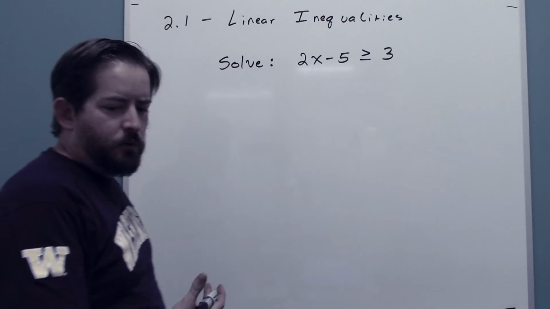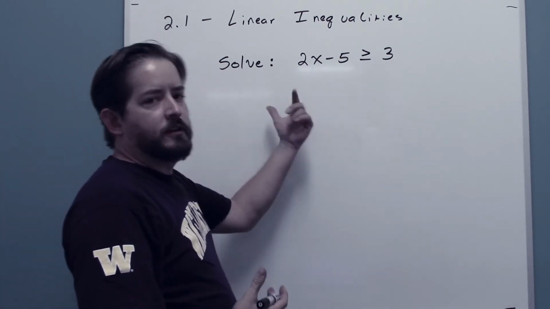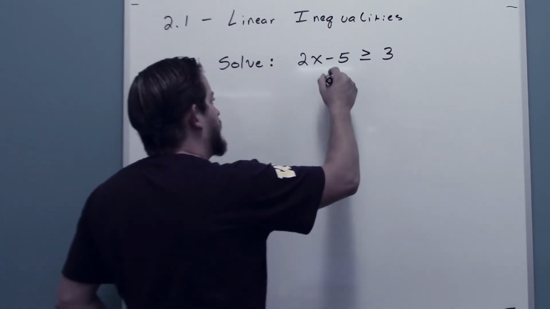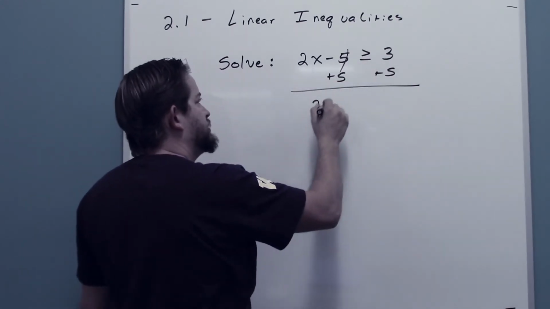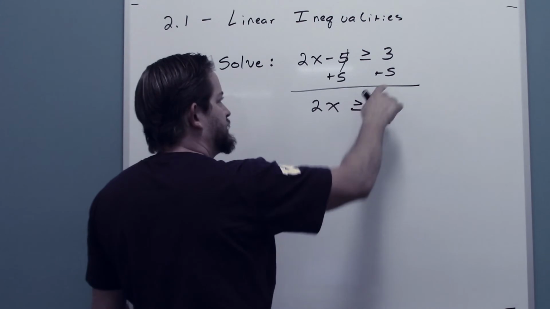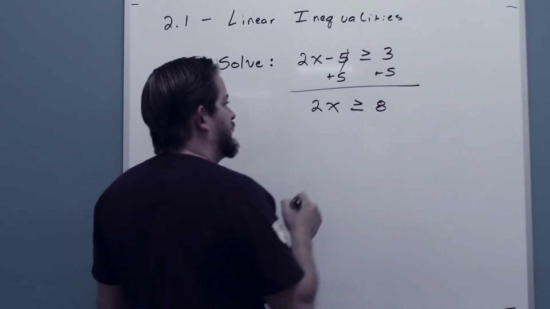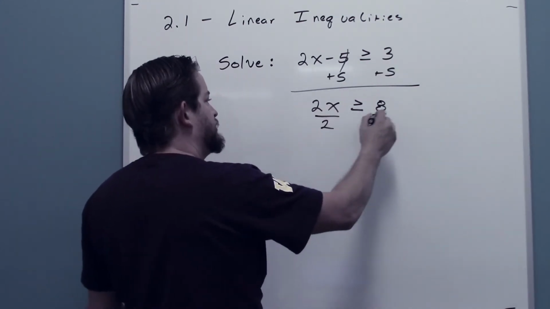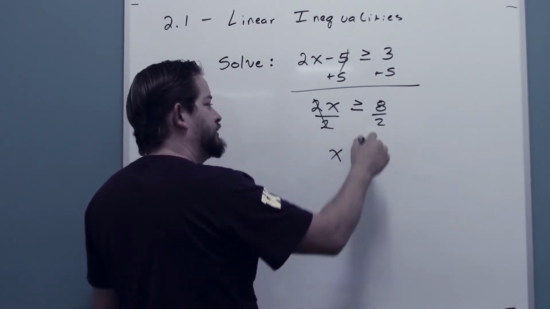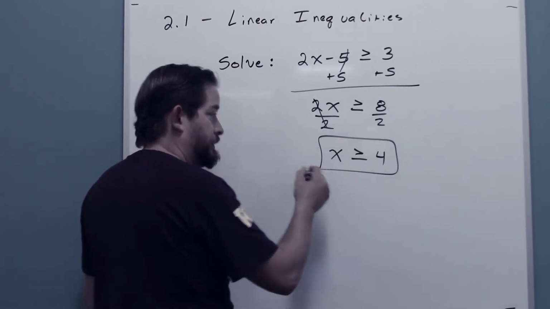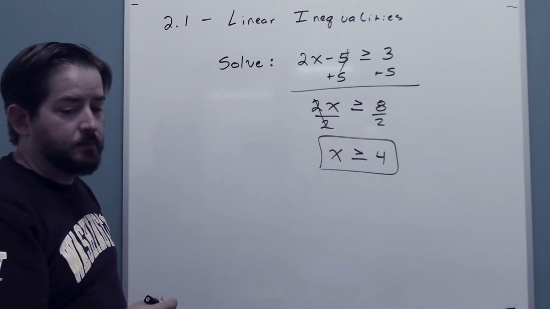So again, it's an inequality, so I can add and subtract as long as I do it to both sides. So I'm going to add 5 to both sides, add 5 here. That gives me 2x is greater than or equal to 8. And I can just divide by 2. I don't have to mess with this inequality because I divided by a positive number. And that's it. That's my solution, right?